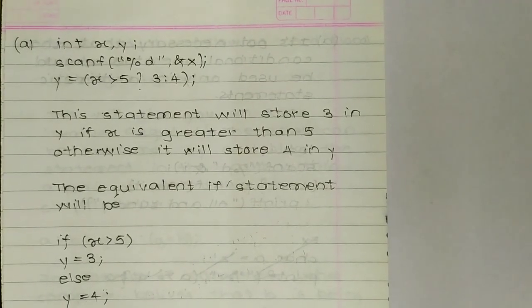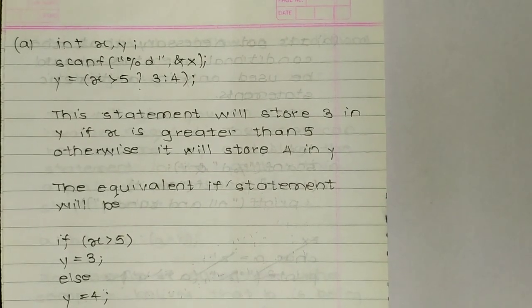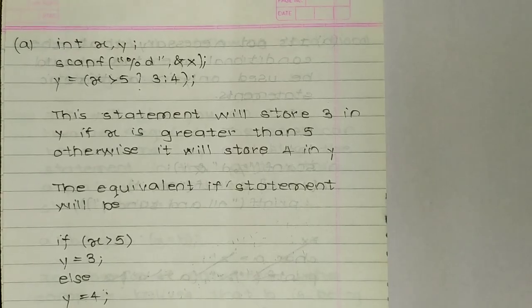int x, y; so x and y are integers, then scanf("%d", &x); y = x > 5 ? 3 : 4.